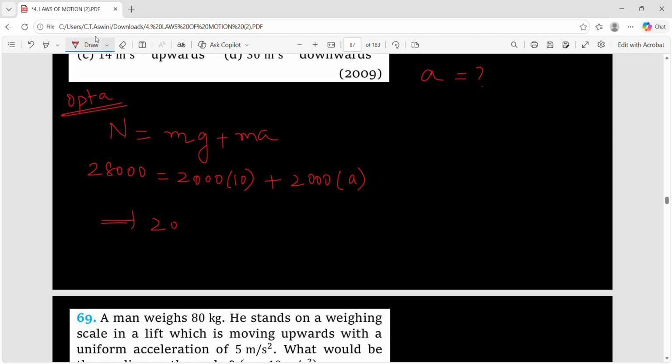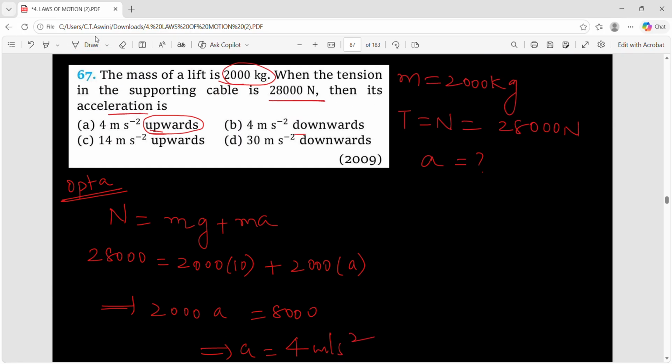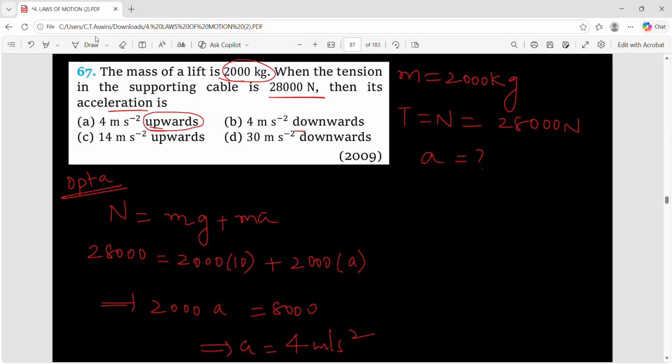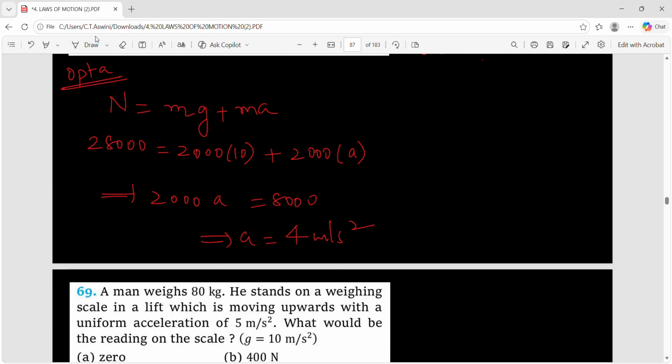So just simplify this, how much will you get? So 2000 a is equal to 8000. And what is a now? Three zeros cancel. It is 4 meter per second square. So when the lift is moving upward, we got the acceleration as 4 and that was given in option A. So this is the right option. We started verifying the options and the first option itself came as the right answer.